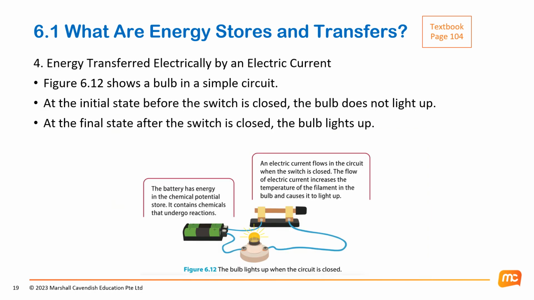And then electrically, in electric currents, when you close the switch, the electrons, charged particles, travel across a potential difference. These are terms you might remember from lower secondary science, but if you're not familiar with them, don't worry, we will cover them in future chapters. Basically, anything to do with electric circuits and electricity, there is an energy transfer electrically.